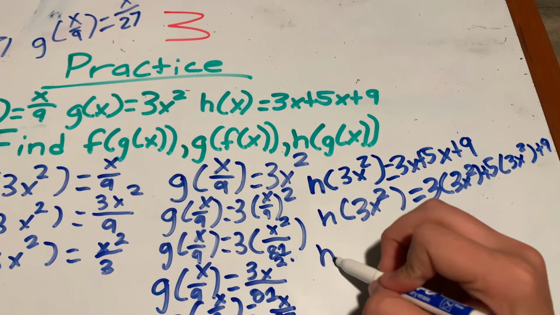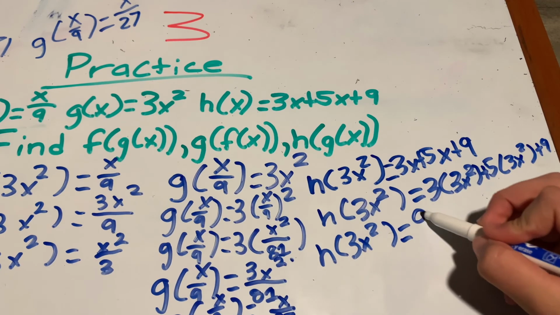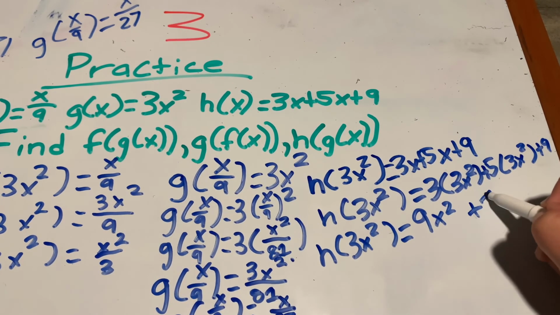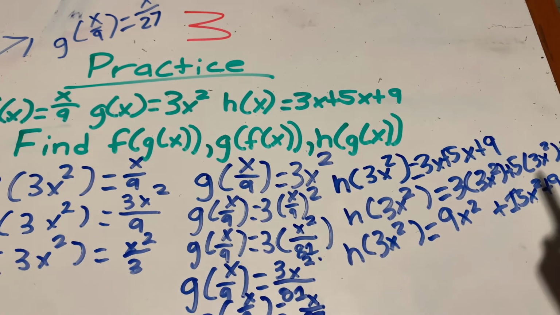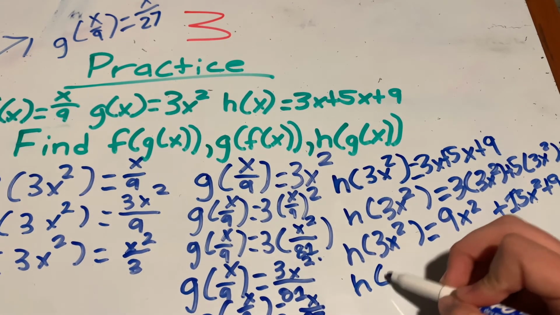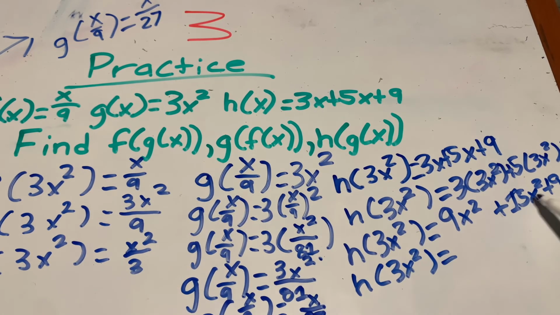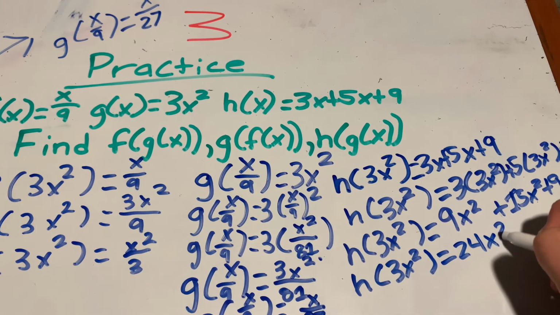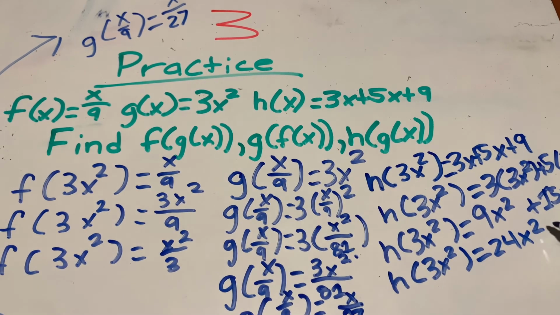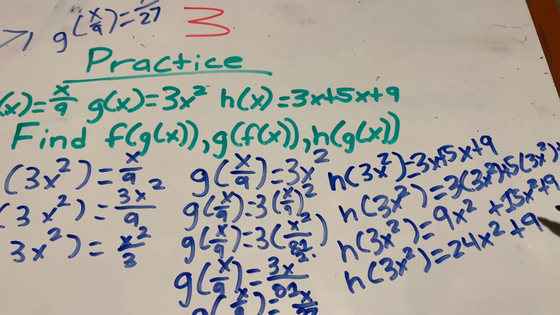Now we can simplify for it to equal 9x squared plus 15x squared plus 9. Scoot that back over. And h of 3x squared equals 9x squared plus 15x squared. That can be simplified to 24x squared. And then add 9 right there, as you see.